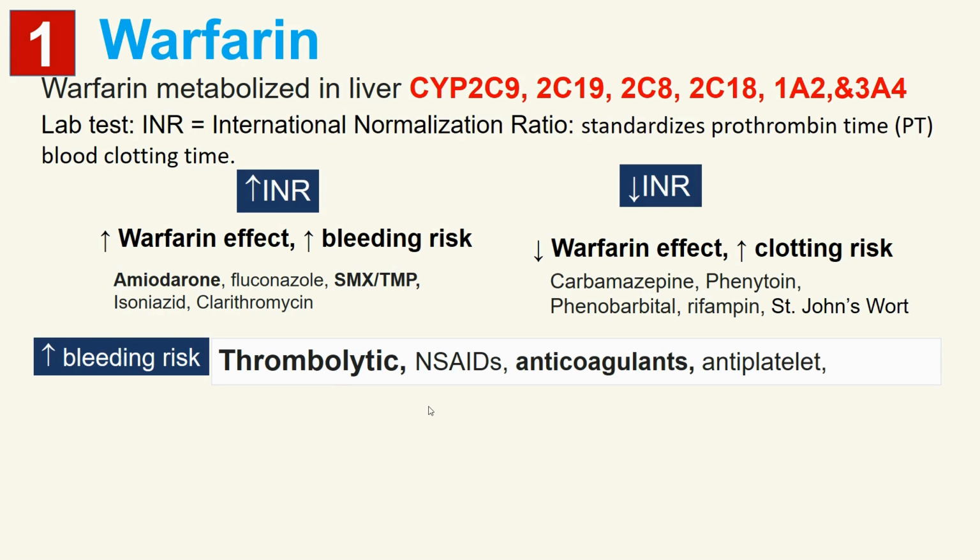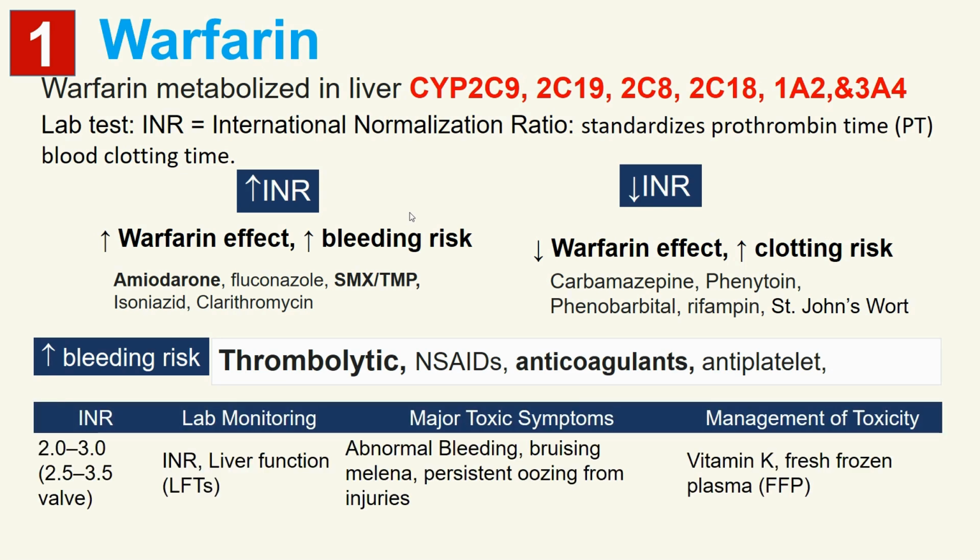However, other medications such as NSAIDs and other anticoagulants and antiplatelets, such as low-dose aspirin, clopidogrel, and ticagrelor, may be added to warfarin, but they require frequent monitoring of INR to minimize the risk of bleeding. Here are further details. Most therapies maintain INR between 2 and 3.